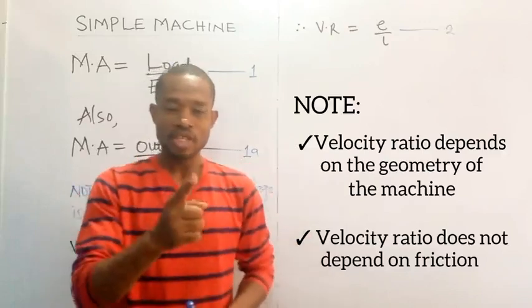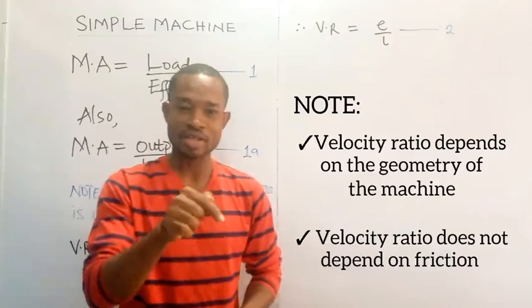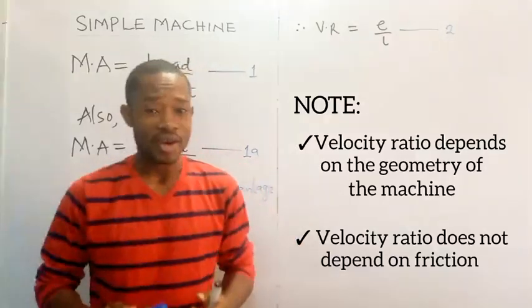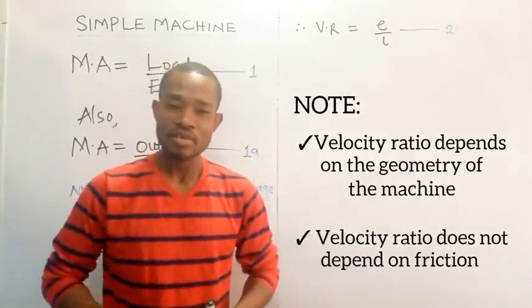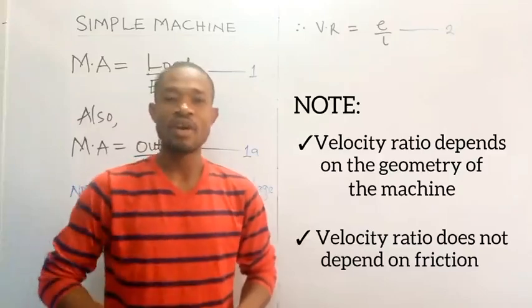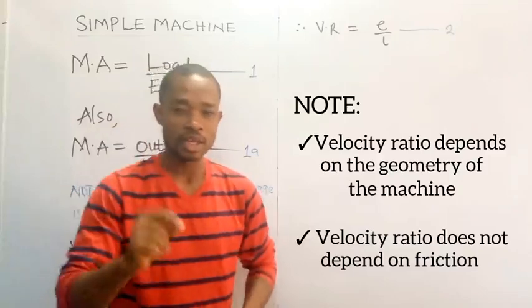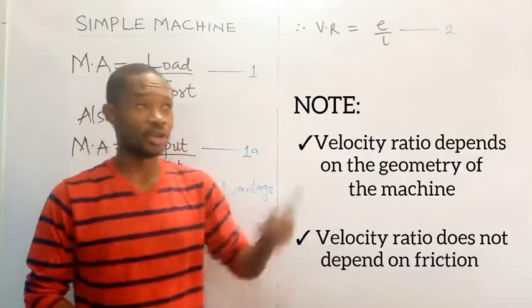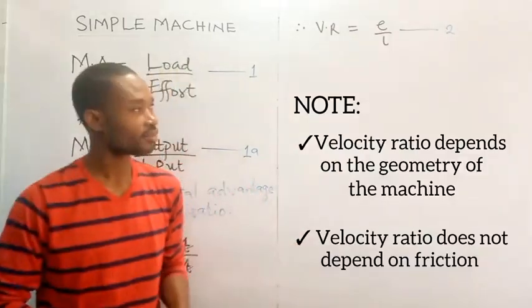So take notes, the geometry of a machine affects velocity ratio. However, velocity ratio does not depend on friction. Velocity ratio does not depend on friction. You can put these two important points down in your notes as they show on the screen.